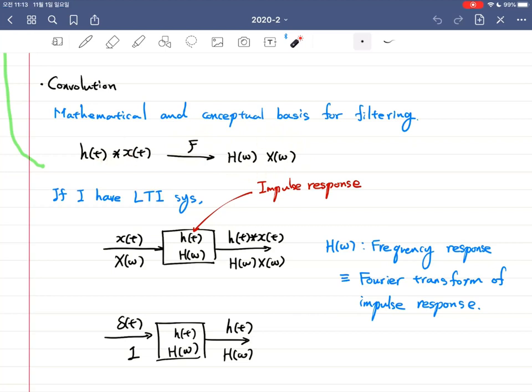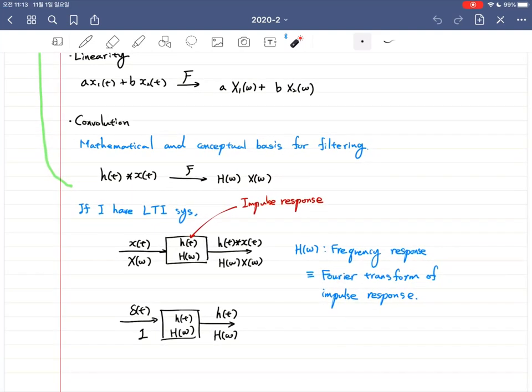So it becomes very easy for you to do this computation, which represents processing through the LTI system. And this H of omega is called the frequency response, and of course this is the Fourier transform version of the impulse response.